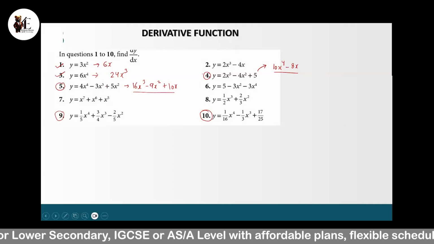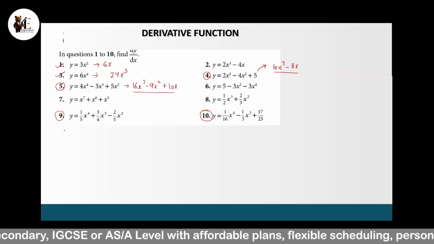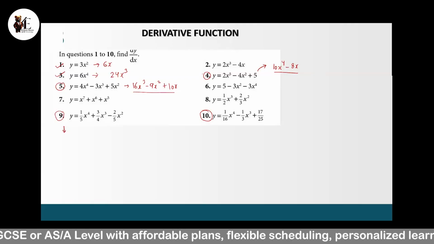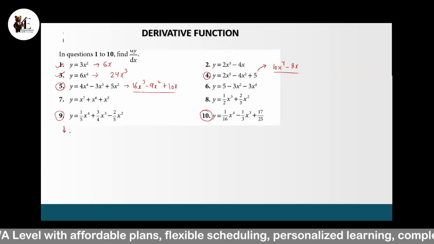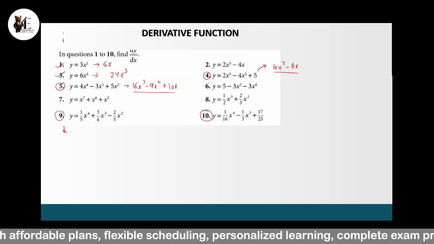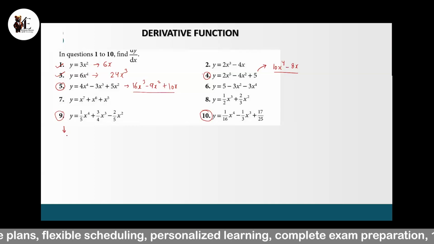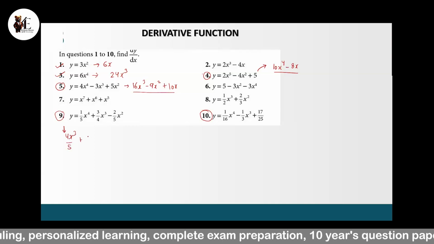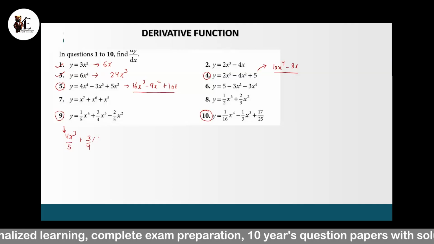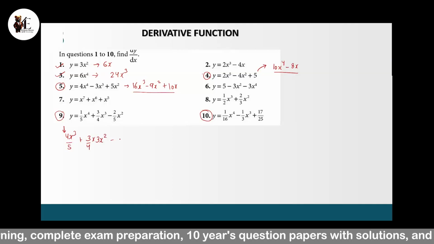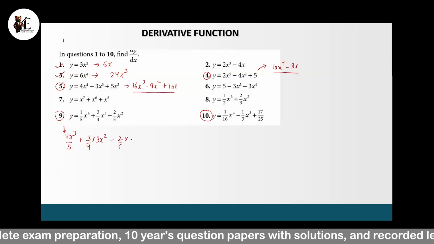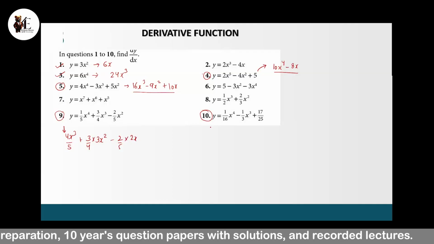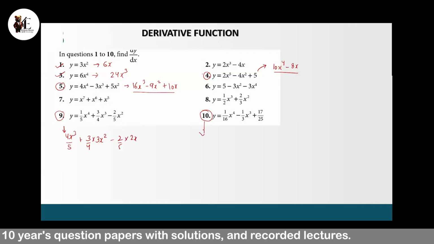Okay, so what's your answer for question number 9? I got 1/5 times 4x cubed plus 3/4 times 3x squared minus 2/5 times 2x. Okay, and for the 10th one?